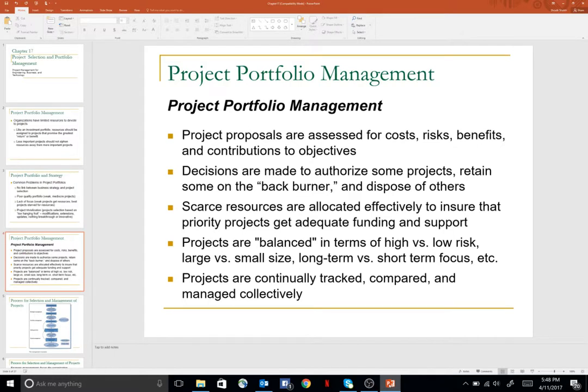Further in project portfolio management, what we're trying to do is assess different key aspects of any project. One other aspect that we've talked about before is whether or not the organization even has resources to complete the tasks.